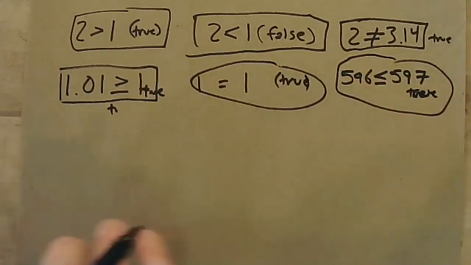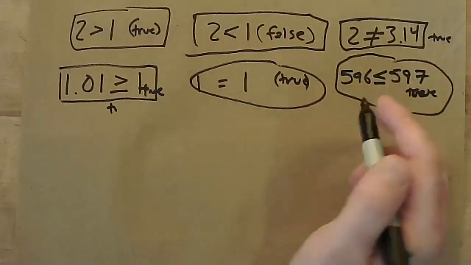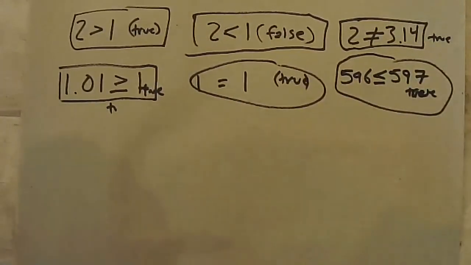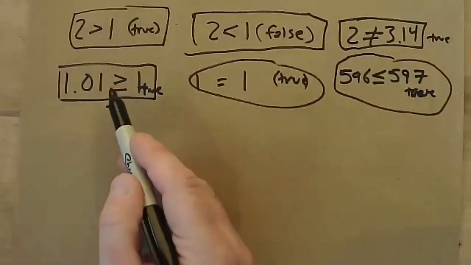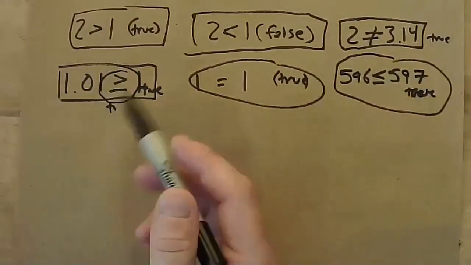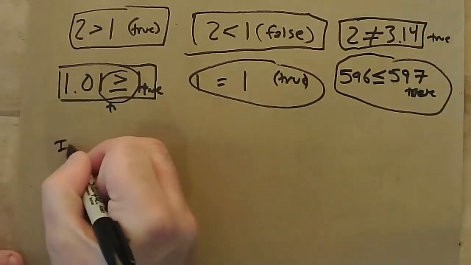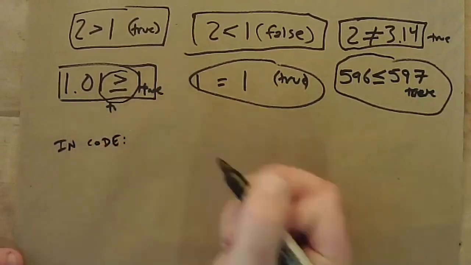All right, so we can see that we have different ways in which we can compare two different values, right? Now instead of using these symbols, we're going to look at the symbols that we use in P5, and in a lot of code, not just P5.